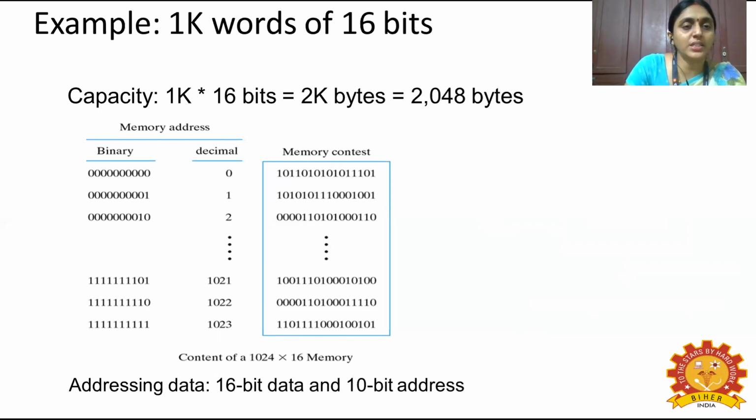The memory addresses are given in binary and the corresponding decimal representations, and the memory content is also given. This shows the content of a 1024 by 16 memory, where the addressing involves 16-bit data and a 10-bit address.